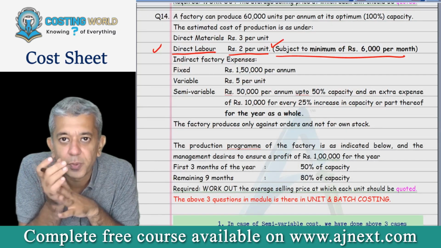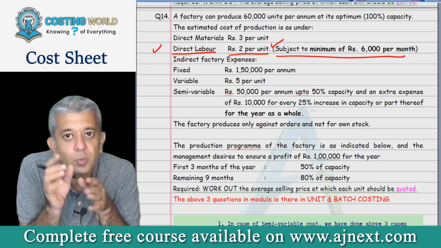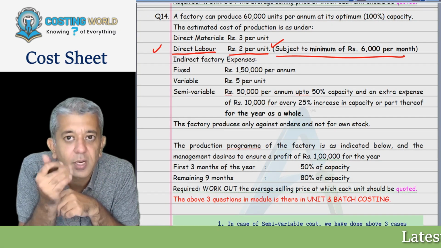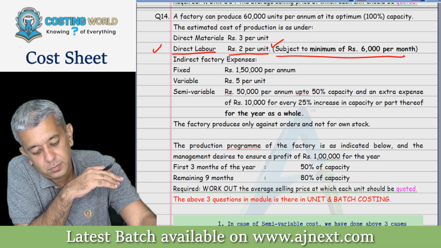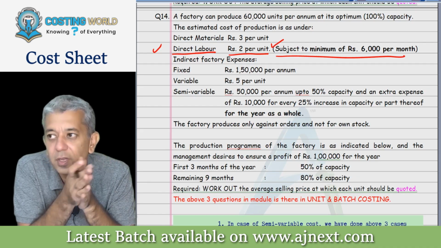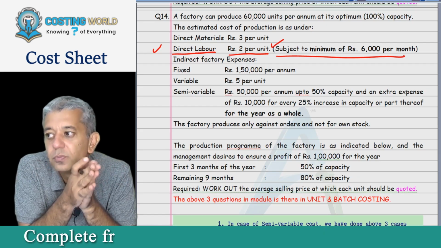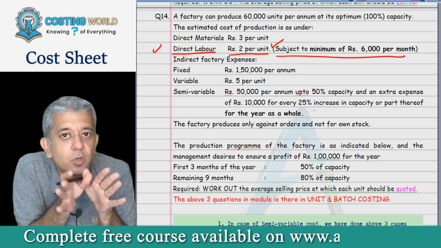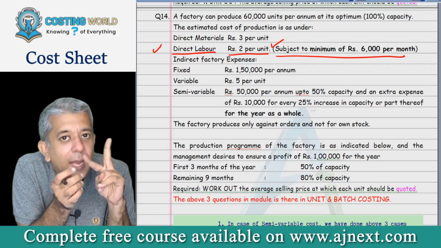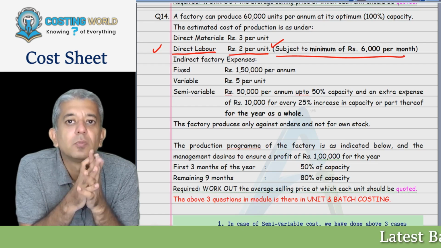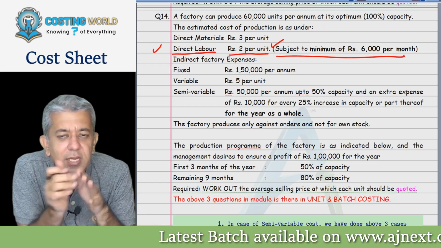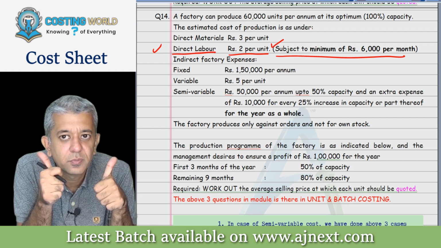How many units you will produce, I'll multiply that thing by rupees 2. I'll compare that amount with 6,000 rupees per month. And tell me, do I need to add both the figures? No, we will be taking whatever is higher. Is that all okay? Yes.